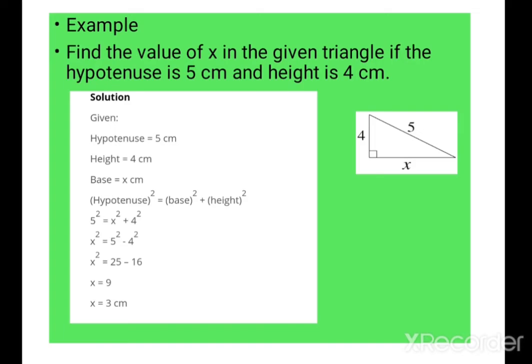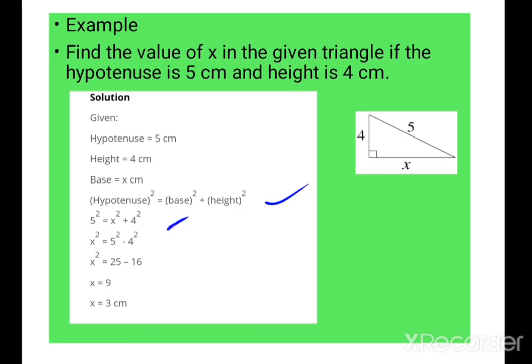Example: find the value of x in the given triangle if the hypotenuse is 5 centimeter and the height is 4 centimeter. So, hypotenuse is 5 centimeter here, height is 4 centimeter here and base is x. Hypotenuse square will be equal to base square plus height square. So, we put the values here and we get this.